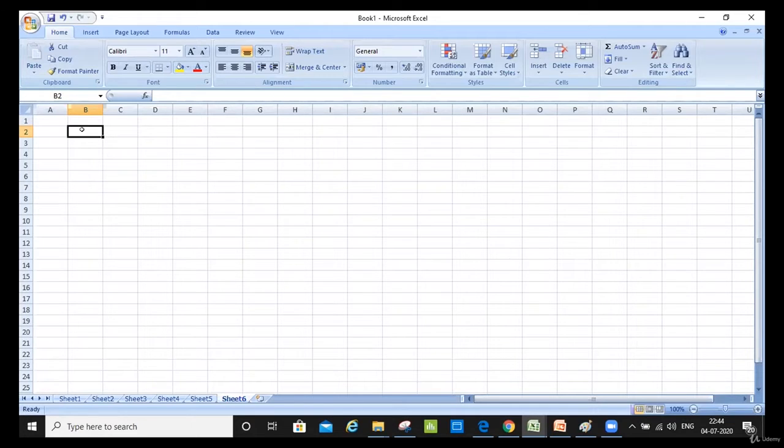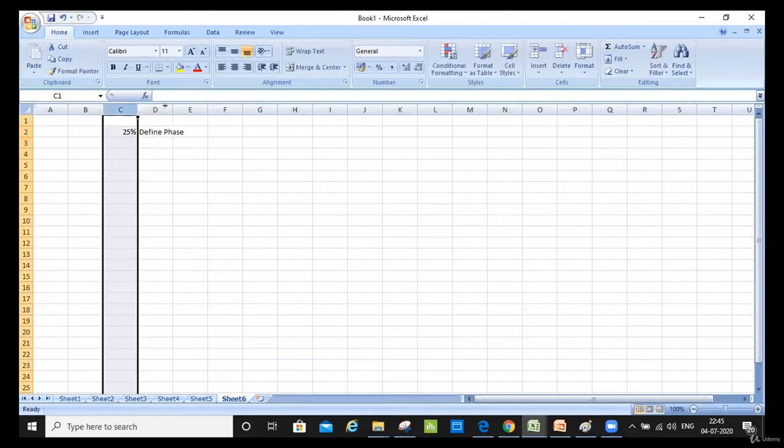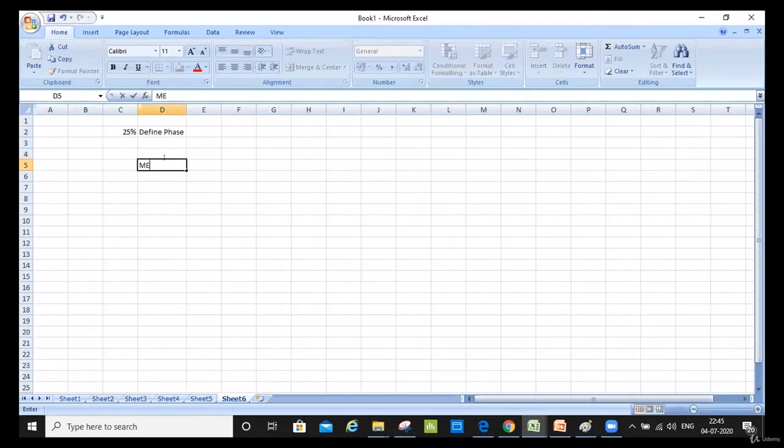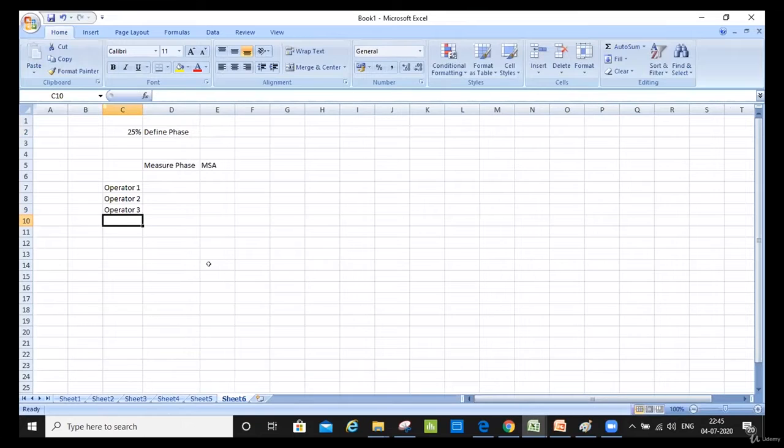there is data which was extracted in the first stage. I hope you can all see my Excel sheet. 25% is what we said at the define phase. And during the measure phase MSA, we had operator 1, operator 2, operator 3, and there is a standard also.